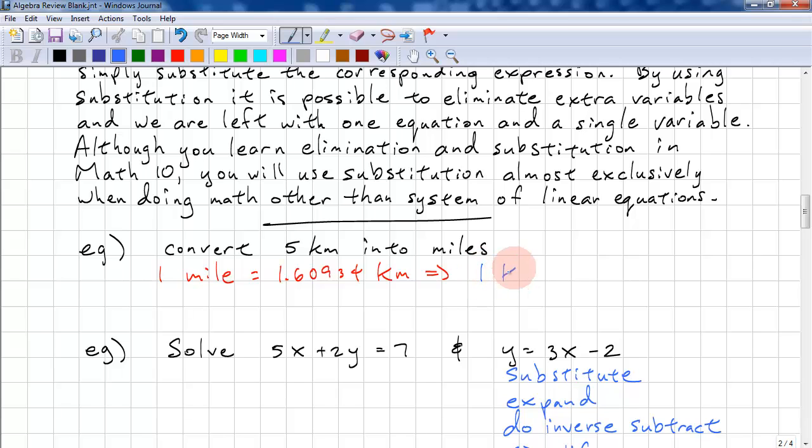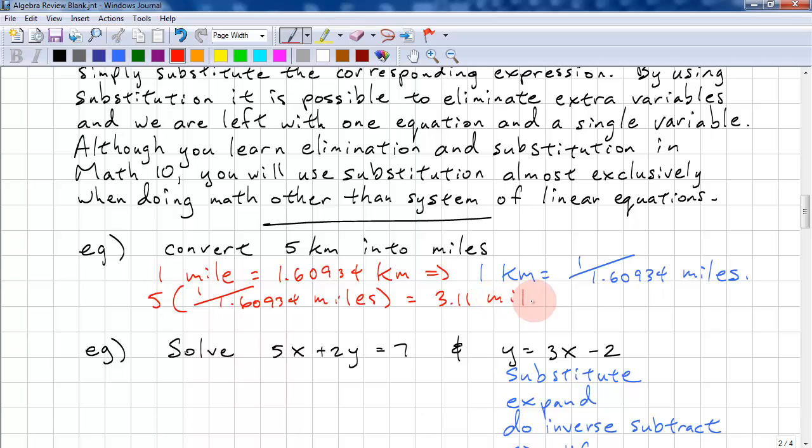So 1 kilometer equals, we need to divide both sides by this number, 1 over 1.60934 miles. Now we put 5, and we have a kilometer. So we substitute what a kilometer is worth. It's worth 1 over 1.60934 miles. Simplify this, and we get 3.11 miles.